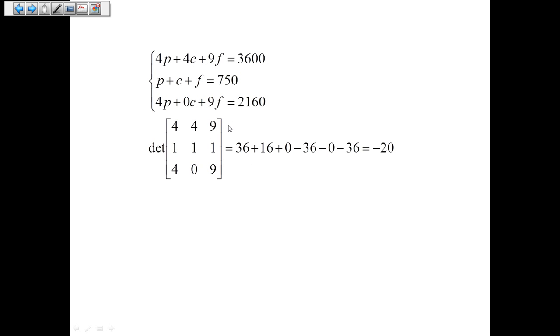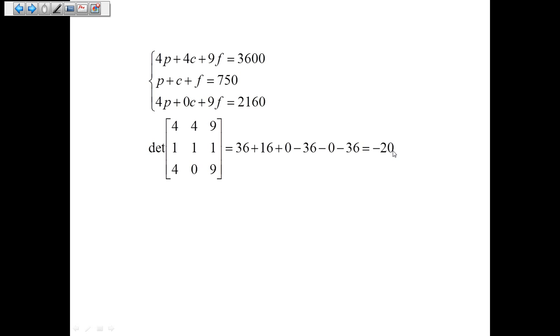Remember, you pile on the last 2 columns and you do diagonals this way and then subtract diagonals going the other way. So we end up with 36 plus 16 plus 0 minus 36 minus 0 minus 36. So our determinant, our D, is -20.